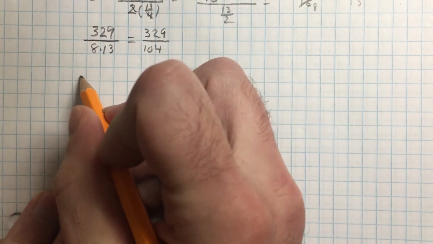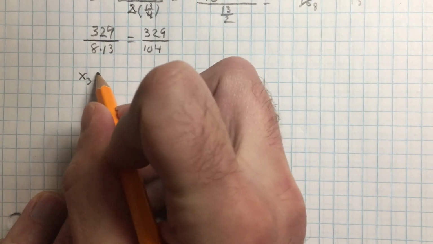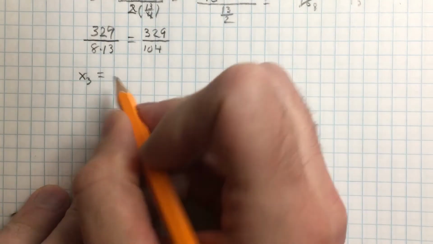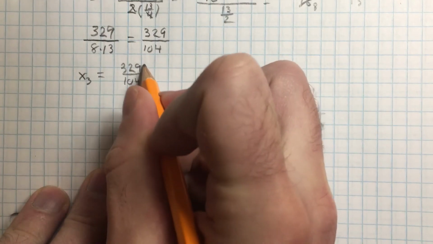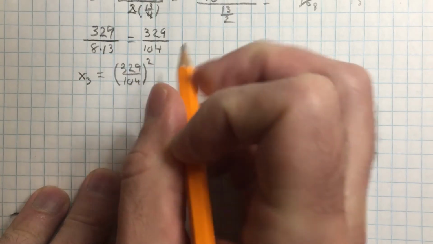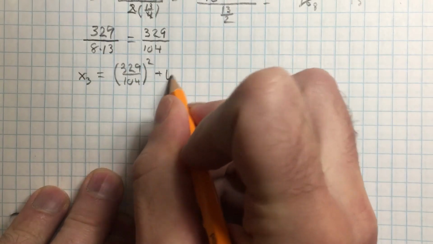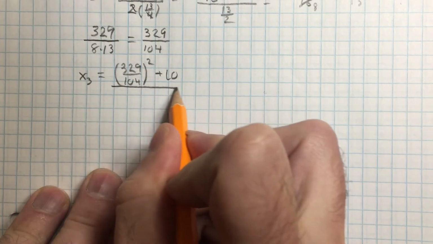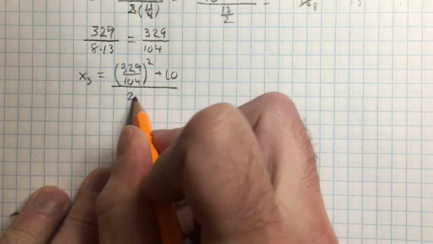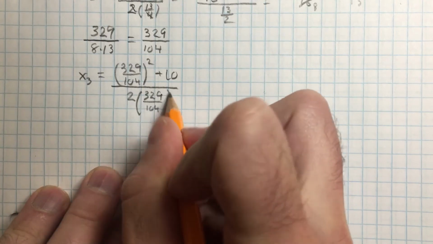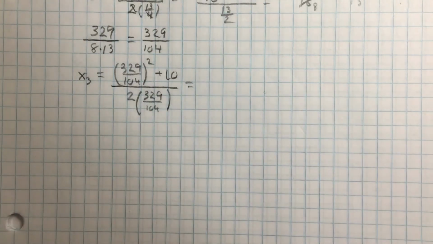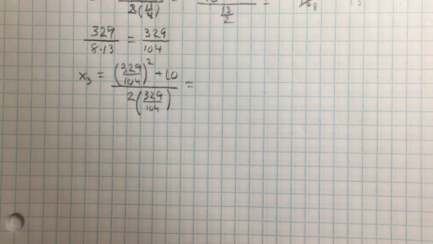It's going to be a little more cumbersome because the numbers are getting large now. So x3, we're going to have 329 on 104 quantity squared plus 10. Try to move through this quickly, but again, the numbers are getting large. And then the bottom will be 2 times that 329 on 104. All right, so we have 329 squared up there.